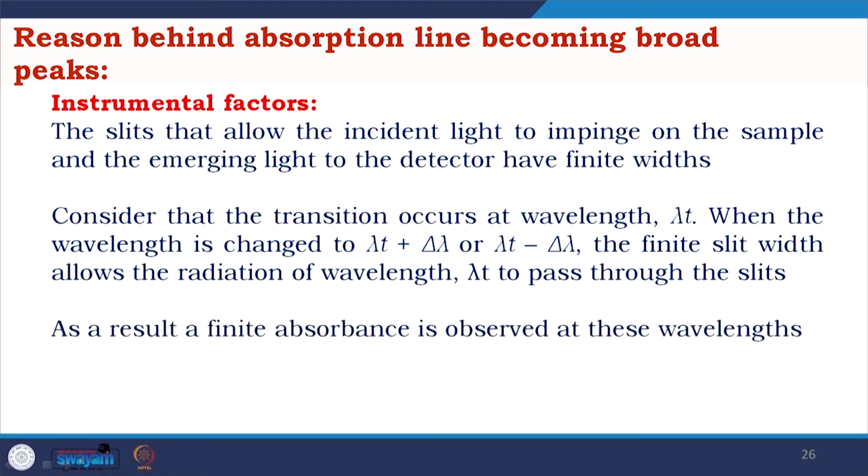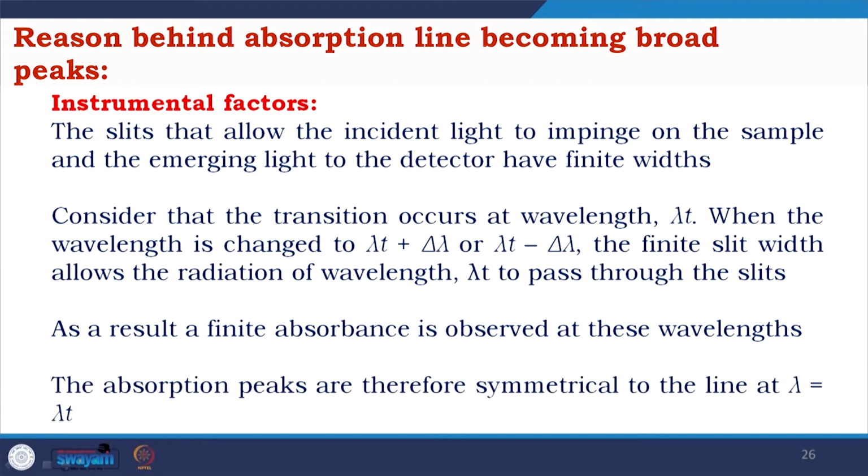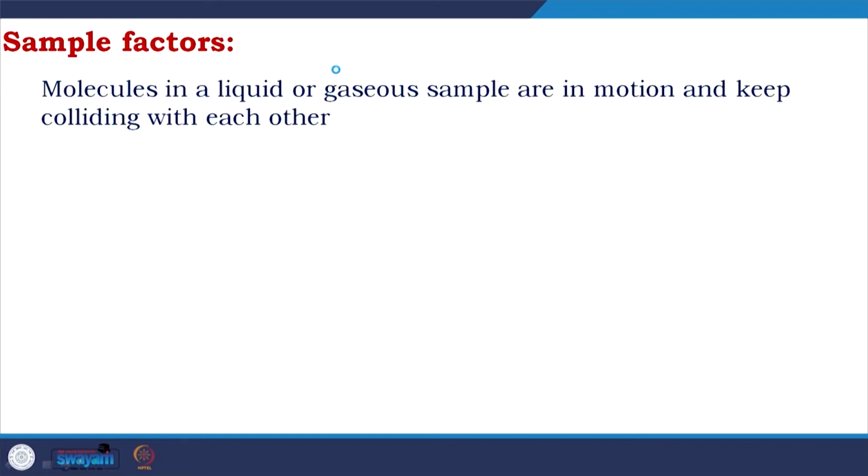As a result, a finite absorbance is observed at those wavelengths. The absorption peaks are therefore symmetrical to the line at lambda equal to lambda t. So, that is why the broadening happened.